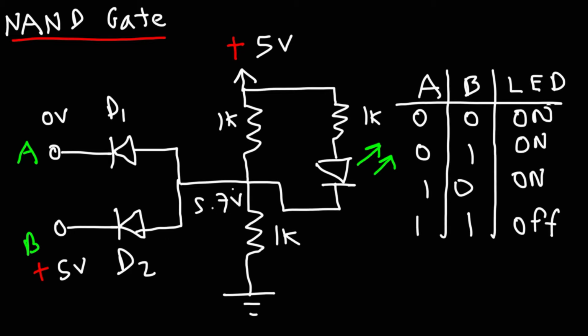So because this potential exceeds 5, that's not going to happen. So D2 will automatically be off. Now for D1 to be on, this has to be at least 0.7 volts, which could happen since this is at 5.